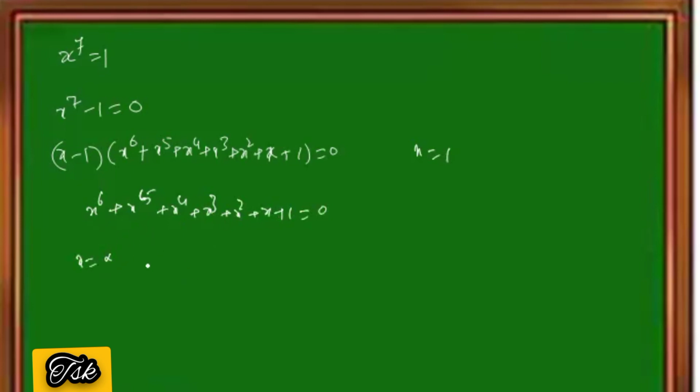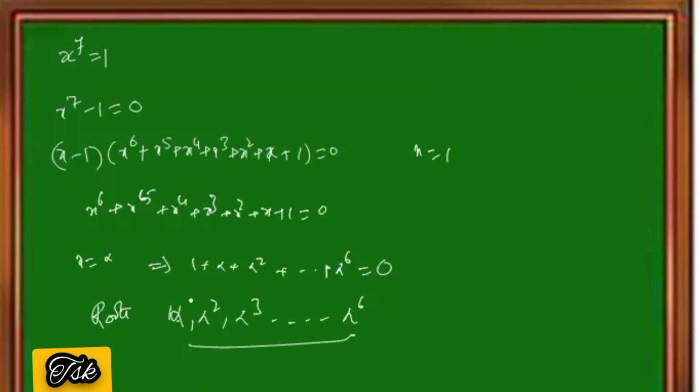When you substitute x is equal to alpha, this implies 1 plus alpha plus alpha square plus up to alpha power 6, and we proved already it is equal to 0. Therefore, the roots of this equation are alpha, alpha square, alpha cube, and so on, alpha power 6. These are the roots of this equation.